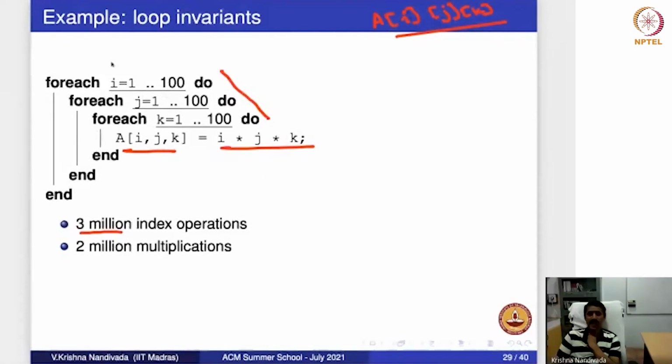Just the variable I is not interesting. However, I and J are invariant, yes. But we are looking for an expression, not just a variable. I and J do not change within the K loop. That's a very good observation. What does it mean? What's the consequence?